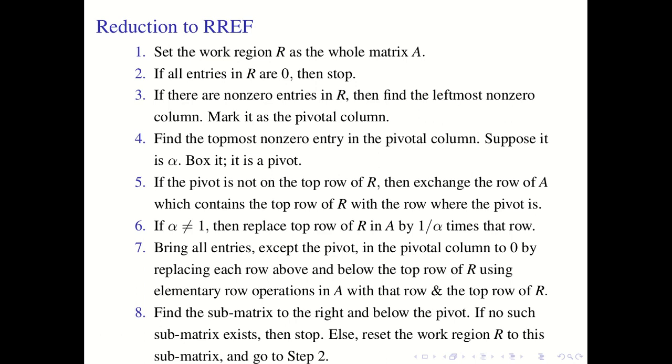If the pivot alpha is not equal to 1, then replace the top row by 1 by alpha times that row. Now by using the elementary row operations, by adding appropriate scalar multiple of each row to the first row, bring all entries in that column to 0.